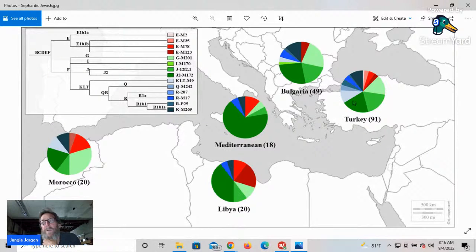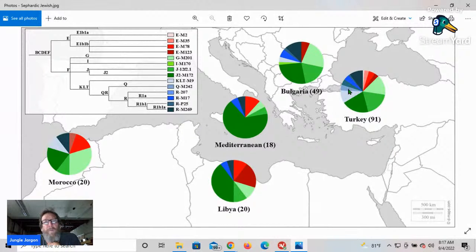Of course, in Turkey, same thing. If you include both J1, J2, it's a good 1/3 of the population, which, this is an ancient population or ancient area of Anatolia, which includes many of the other ancient populations, which includes Assyria, the G. It includes the R1b, the R1a.